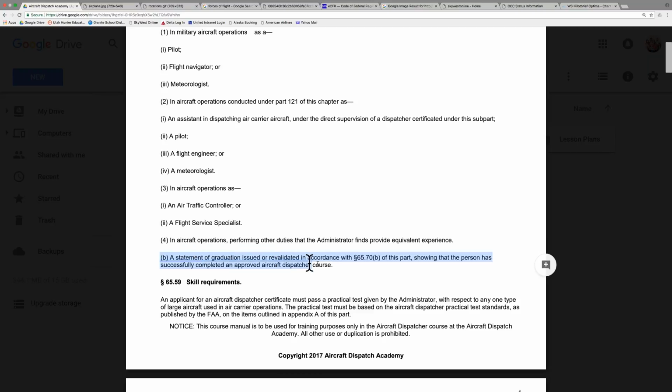And that's covered right here: statement of graduation issued or revalidated in accordance with that section we just talked about, demonstrating those basic knowledge requirements, and you've successfully completed a dispatcher course. So that's basically where this training comes into play.